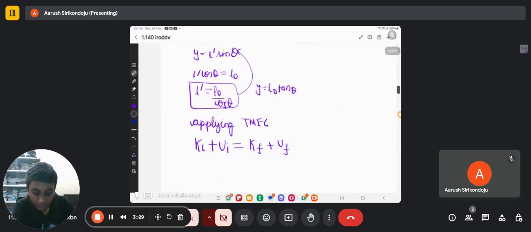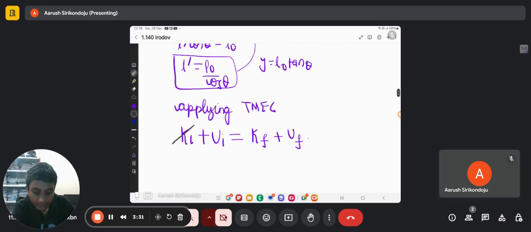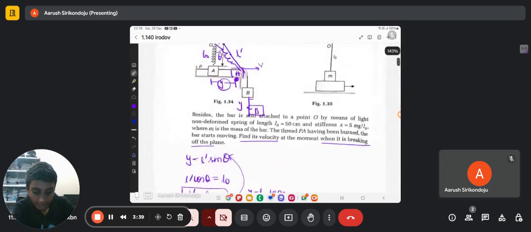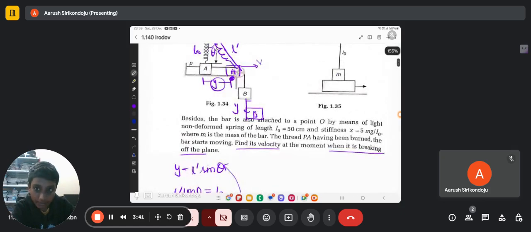From the situation we understand that initial kinetic energy and initial potential energy is zero. And because A and B have traveled the same distance, which is y, they both will end up with the same velocity.